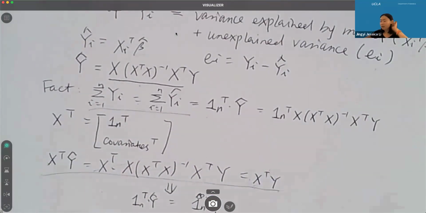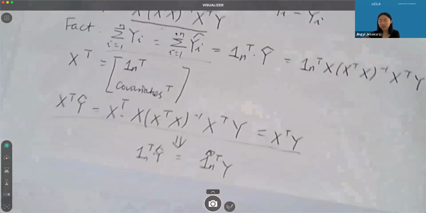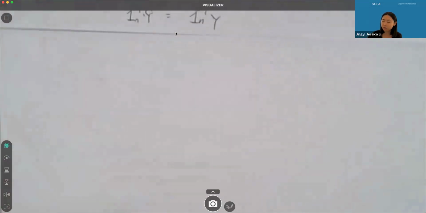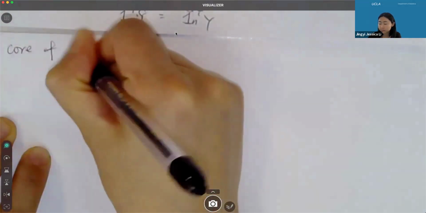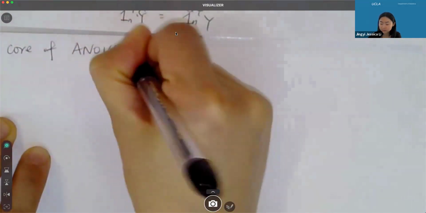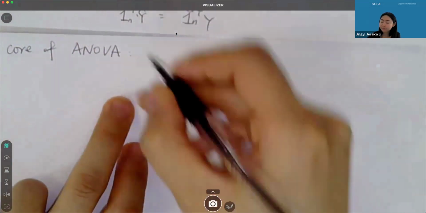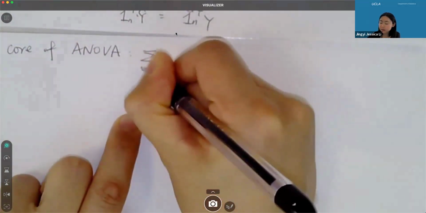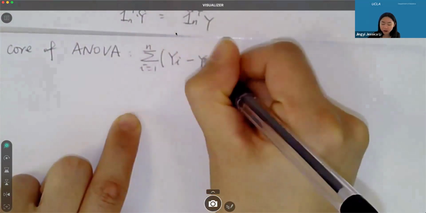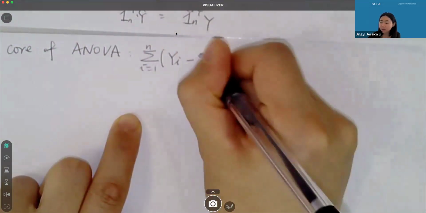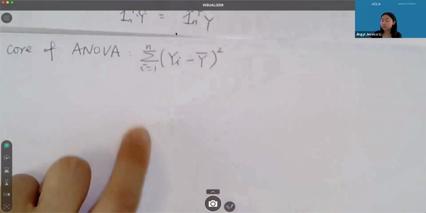All right. If not, then an implication of this becomes this very useful formula, and this is the core of ANOVA. That is, if I take the summation i from 1 to n, yi minus y bar squared.